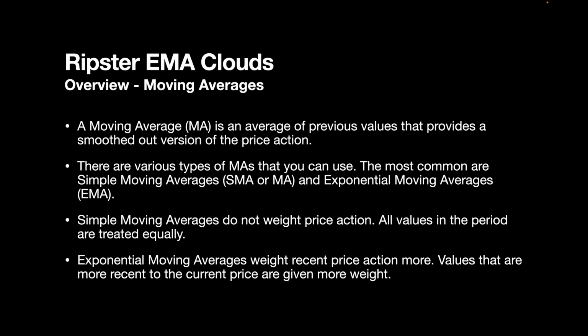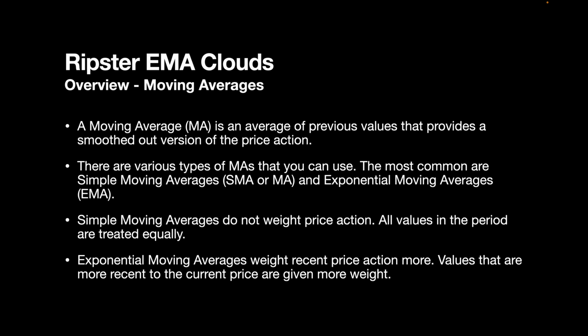The most common are the simple moving averages, which can be called SMA or MA. And if it's the daily moving average, you might hear the term DMA. And then exponential moving averages. There's a variety of different numbers people choose for this. That's really based on your own liking and what periods you like. Common simple moving averages are 5, 10, 20, 50, 100, 200.